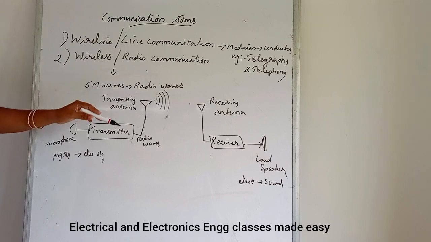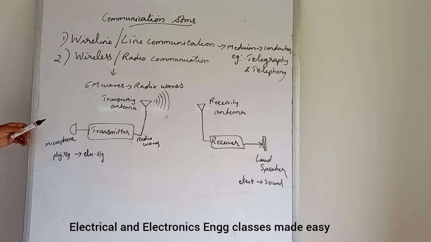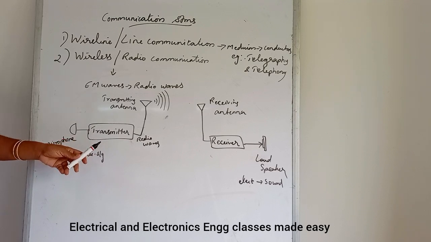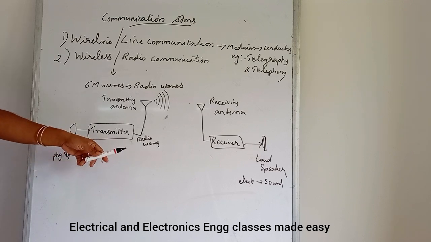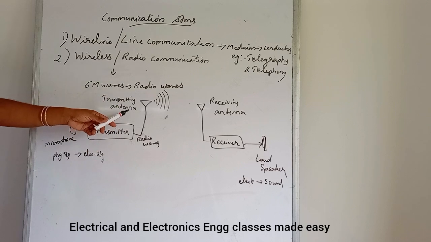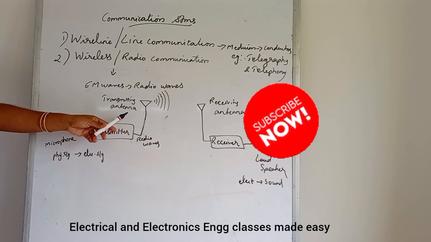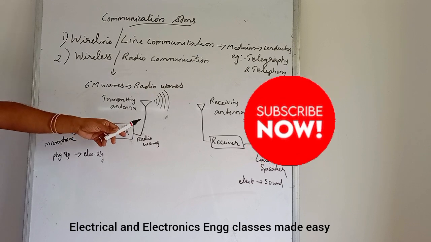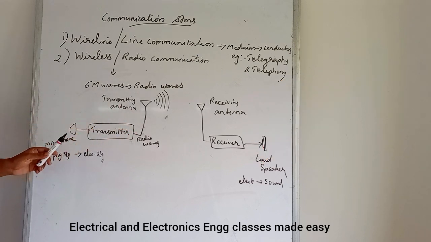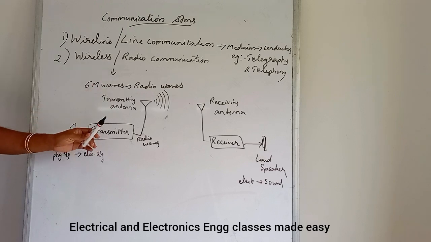And these are the basic elements of a radio communication system. The microphone converts the physical signal, that is sound, into an electrical signal, and the transmitter produces radio waves, and the transmitting antenna radiates the radio waves in some specified direction or in all directions.